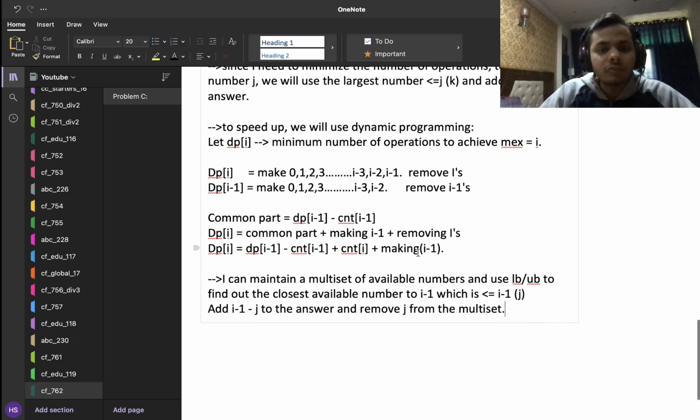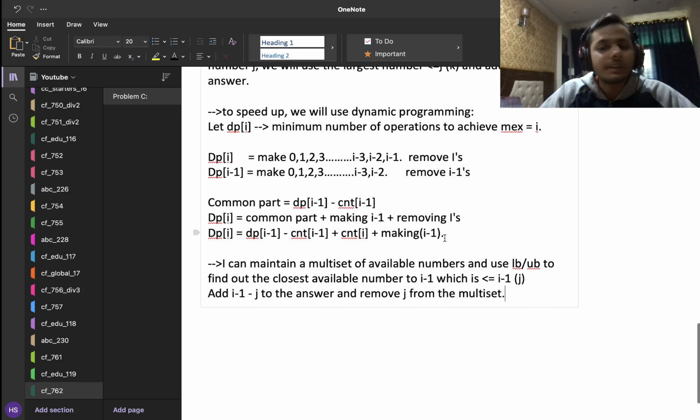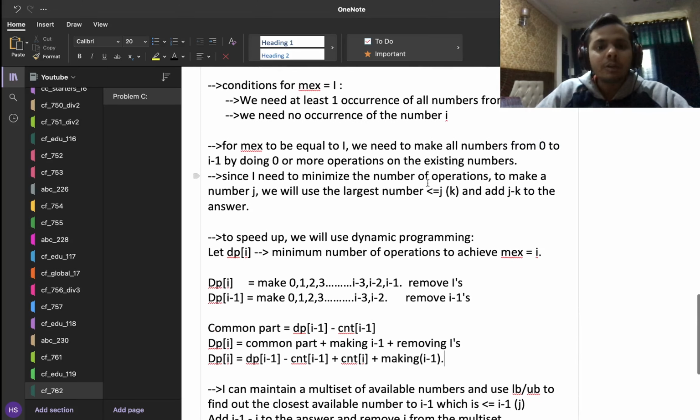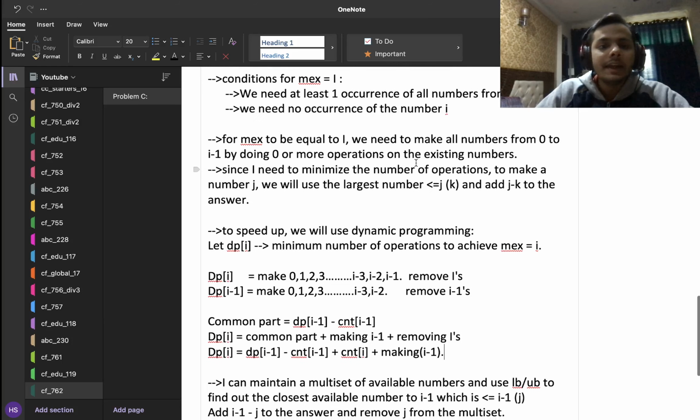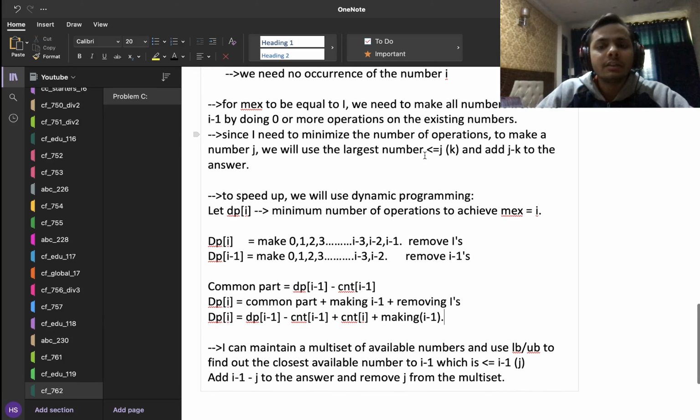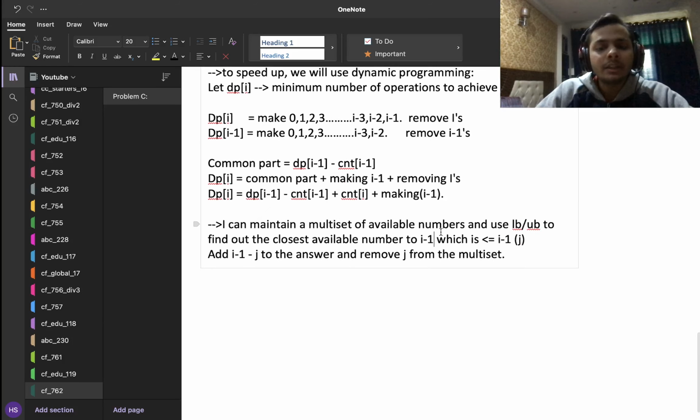This last step was pretty crucial to think about, maintaining this multiset of available numbers. I have already mentioned that it is optimal to take the closest number, and that number should be less than or equal to the target as well. So here my target is i minus 1. I will take the closest number from the multiset which is less than or equal to i minus 1, add i minus 1 minus j to my answer, and then remove j from my multiset.